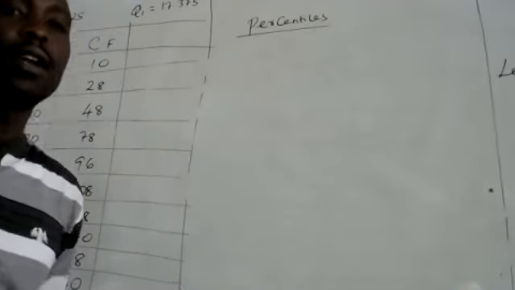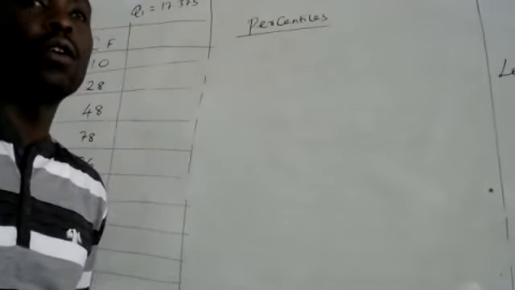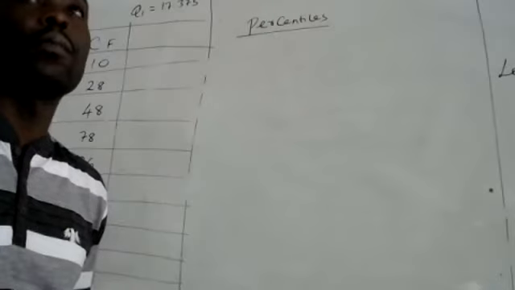Values that divide a distribution into 100 equal parts.